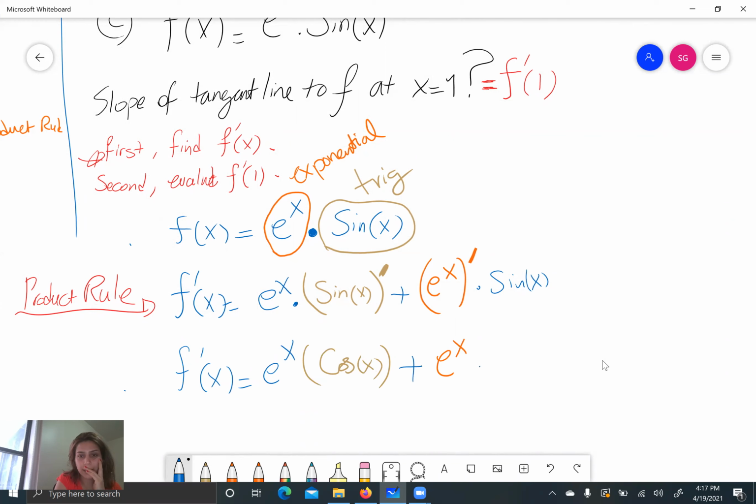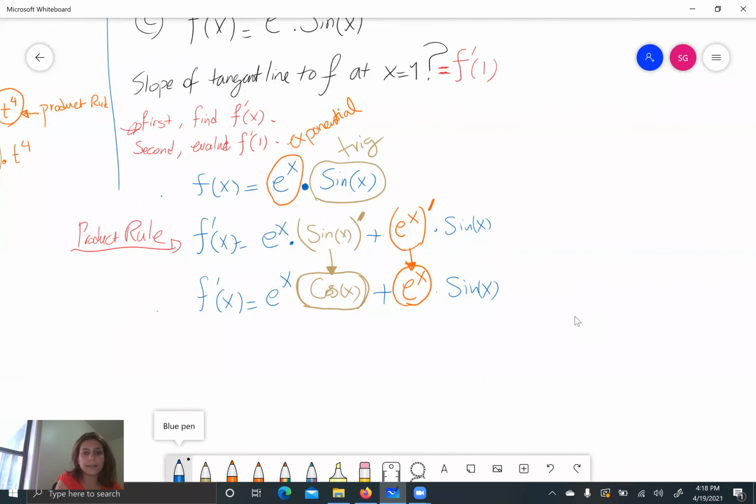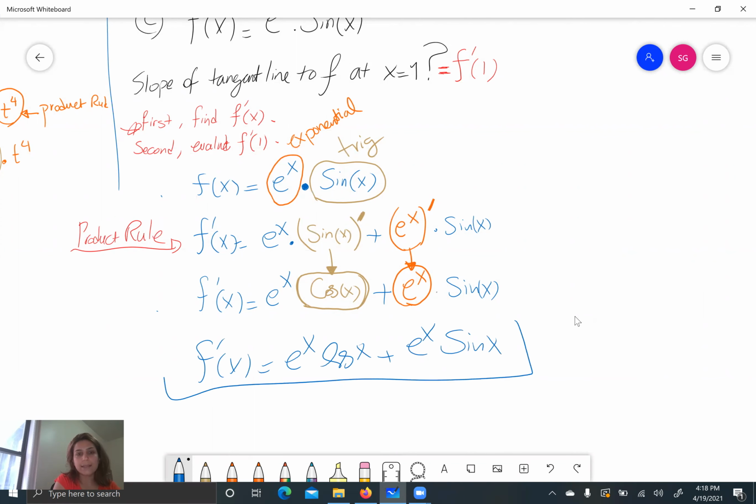So again, cosine of x is the derivative of sine of x, and e to the x here is the derivative of e to the x. Okay, that's it. The answer is, the derivative is e to the x times cosine of x plus e to the x times sine of x. That's the derivative of this function. So we are done with the first step.